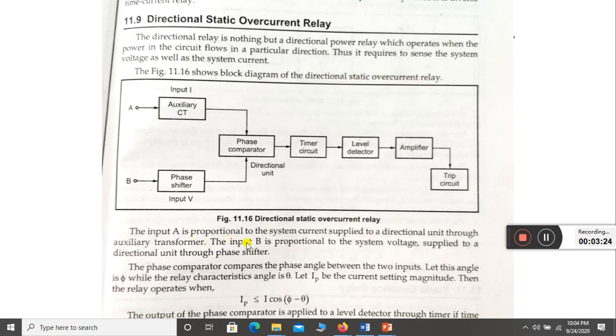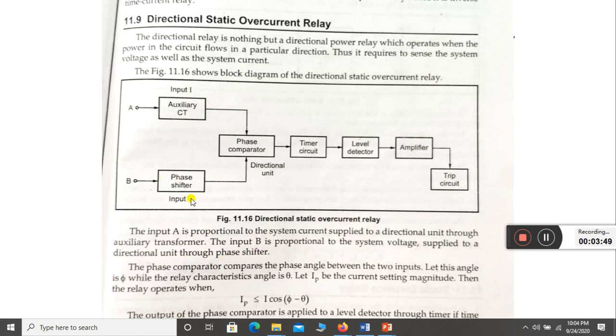Input A is proportional to the system current, supplied to the directional unit through an auxiliary transformer. Input B is proportional to the system voltage, supplied to the directional unit through the phase shifter.